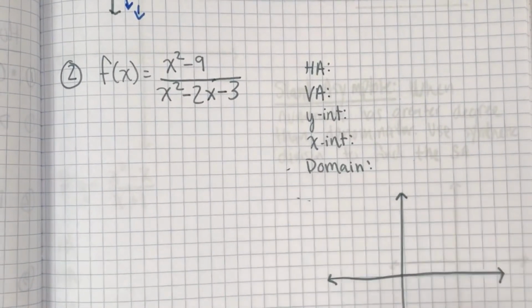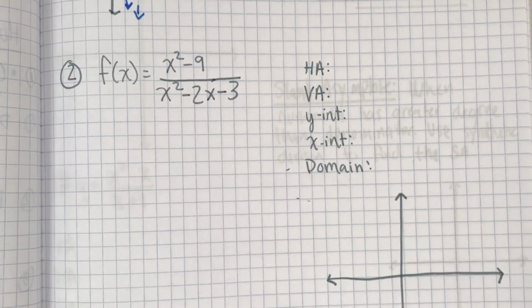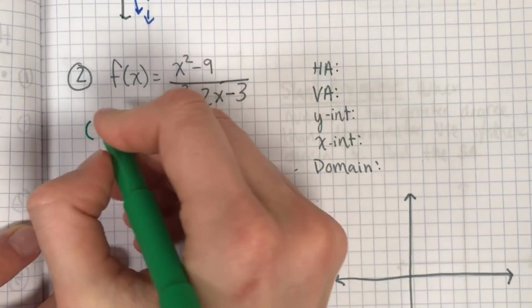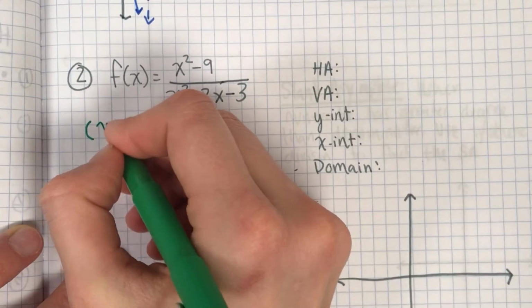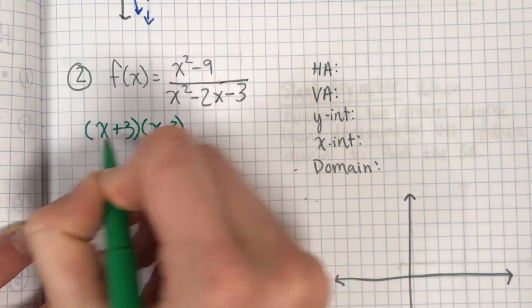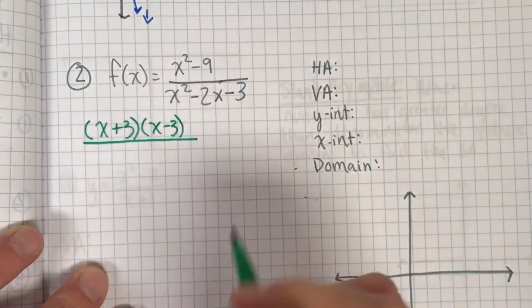All right, our second example, we need to always factor first. Remember when dealing with rationals, factor first. It'll be very helpful to you. So our numerator factors to (x plus 3)(x minus 3). That's our difference of squares.